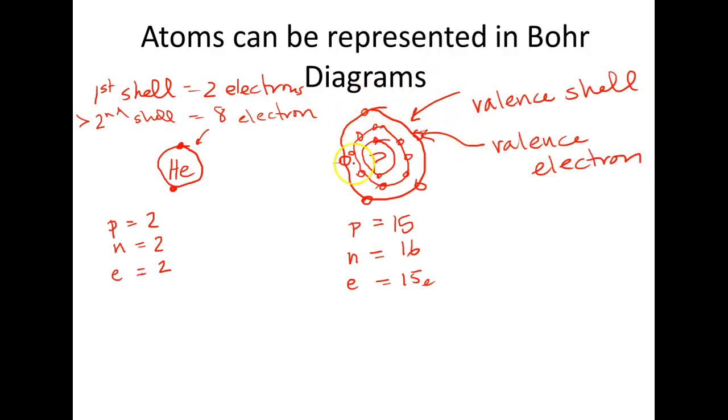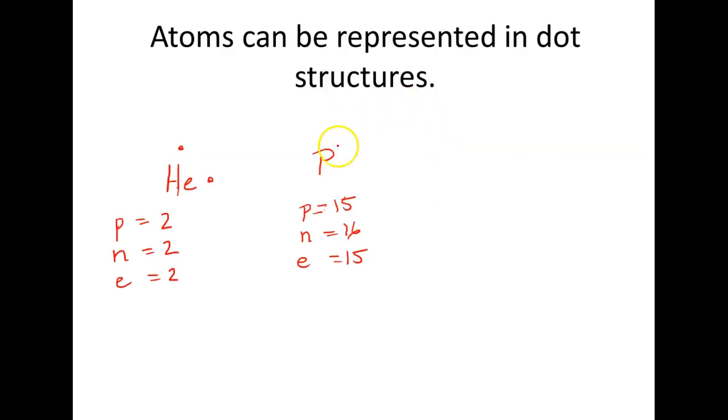So let's take a look at this valence shell and count how many valence electrons we have. We have 1, 2, 3, 4, 5. So in that case, we need to draw 5 electrons for our dot structure. We start with the top, the right, the bottom, so we're at 1, 2, 3, 4 is to the left, and 5. So we first need to fill every region first before doubling up.